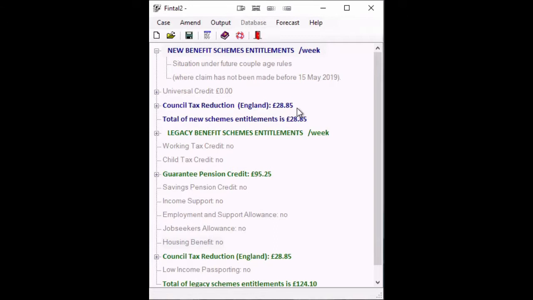If they had already been receiving guarantee pension credit and were claiming before that 15th of May date, then as you'll see here they would have qualified for guarantee pension credit.